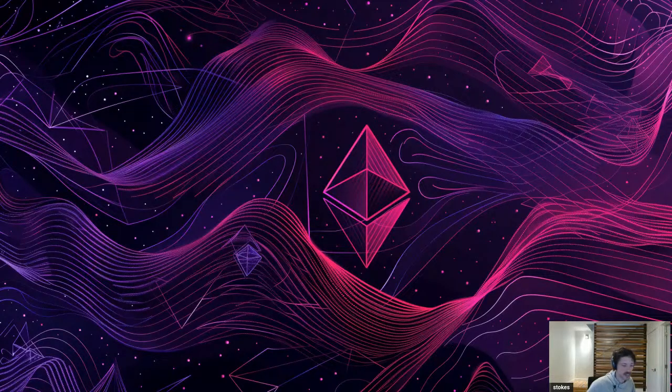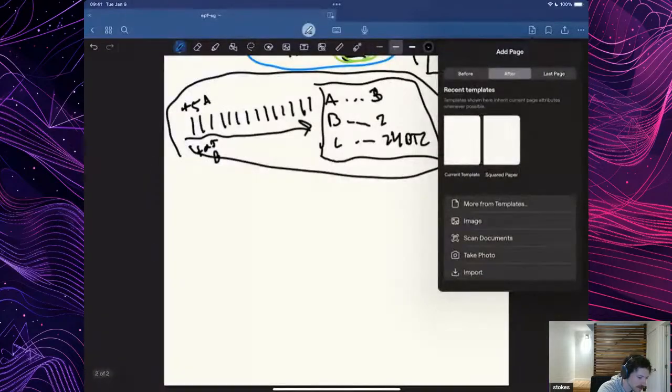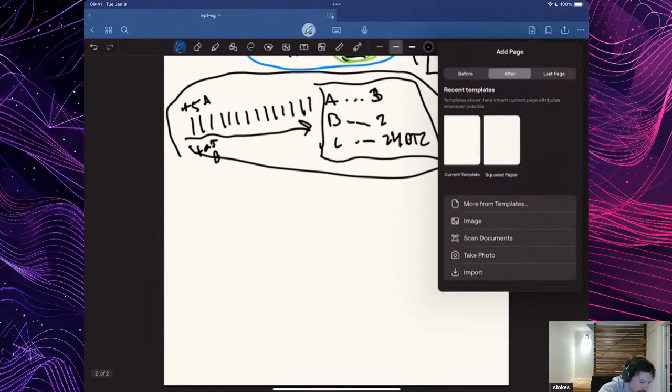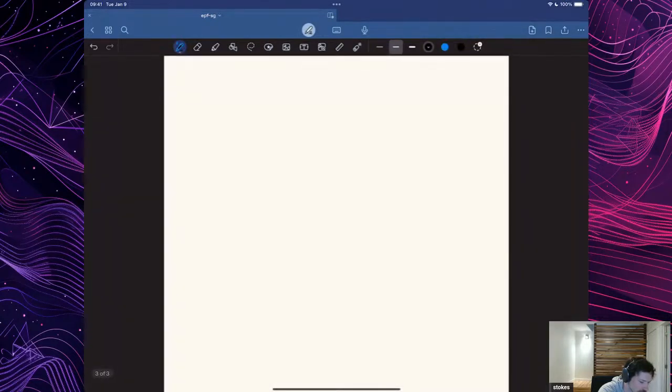So, okay, this was my previous scribbling around Bitcoin consensus. So we're now going to look at, let me just get a new page. I thought I could just do this. Apparently I can't. Okay, we'll do it like this.